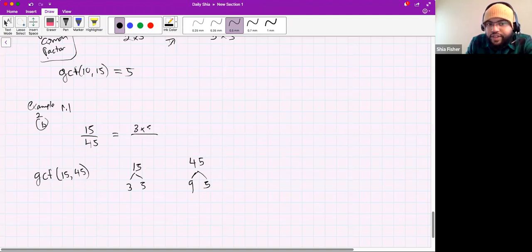3 times 5, remember, because I'm just representing 15 as the product of 3 and 5. Kind of like going backwards, or I'm just representing 45 as the product of 9 and 5. And I apply my basic principle of fractions.